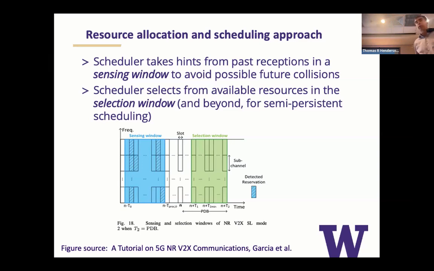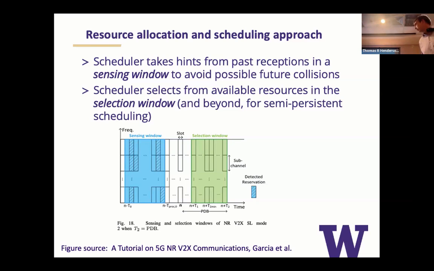There's another parameter called T2 min in the standard. And this basically influences where the edge of the selection window will be. And this T2 min can vary depending on the priority level of the traffic, so that you could basically force higher priority traffic to tend to be selected sooner in time than later.